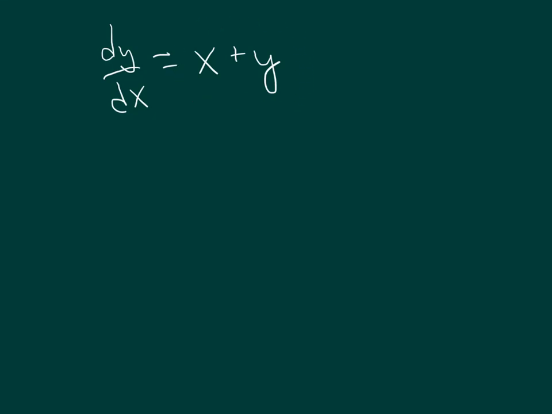So anywhere the graph intersects the line y equals negative x, the slope would be 0, because x would equal negative y, and these would cancel each other out. I also know that if the point (2, 4) was on the graph, the slope would be 6. So these types of things I do know from this differential equation, but I'm at a loss right now as to how to actually solve this one.